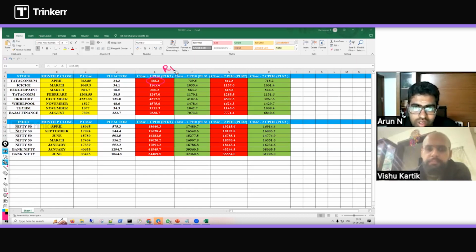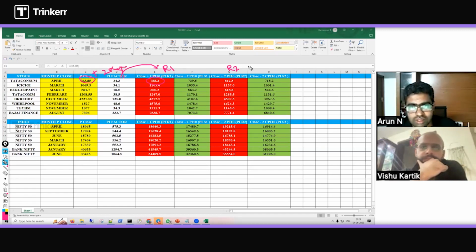If you add the pi factor to R1, you have R2. Or you take the close and add 2 into the pi factor, that becomes R2. That's it. Likewise, the second support is obtained by taking the close and subtracting 2 into the pi factor, or take the first support and subtract this 24.3. So you have the second support.